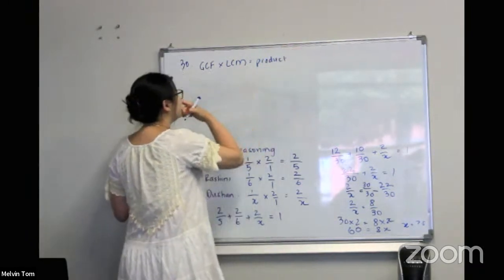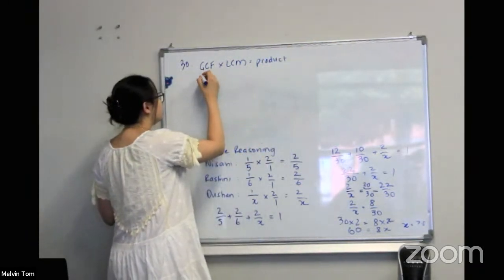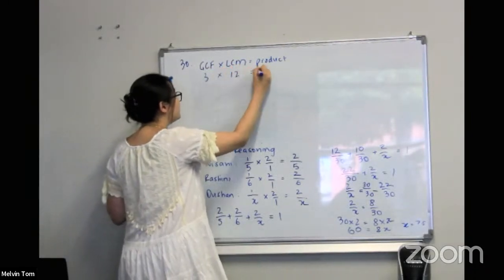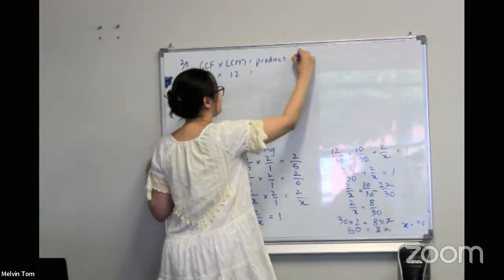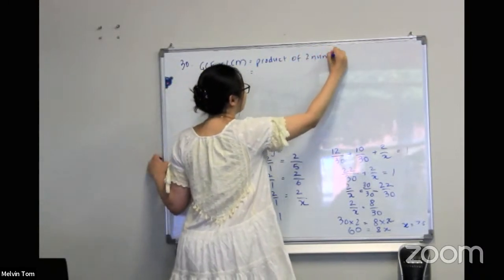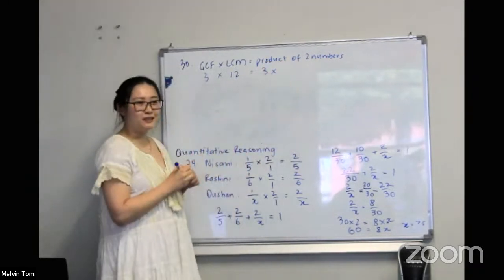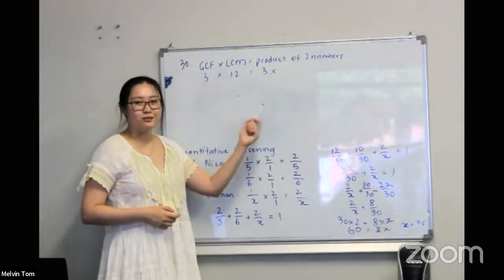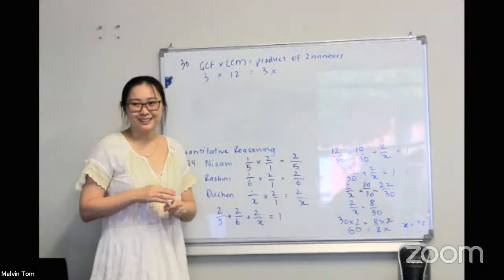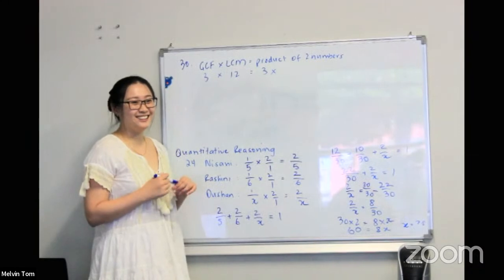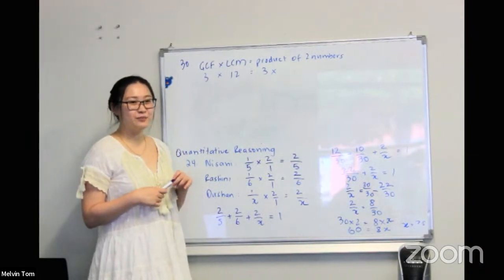So one of them is 3, and the product has to be 3 times something.